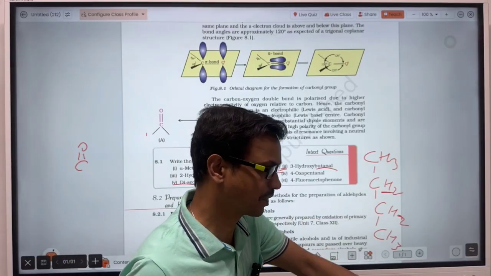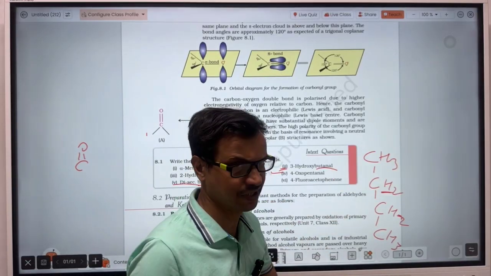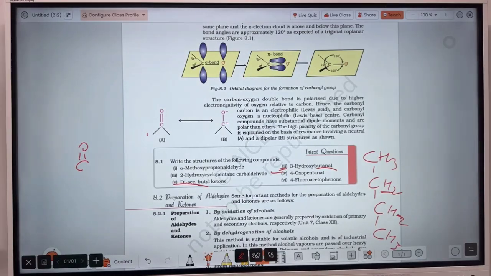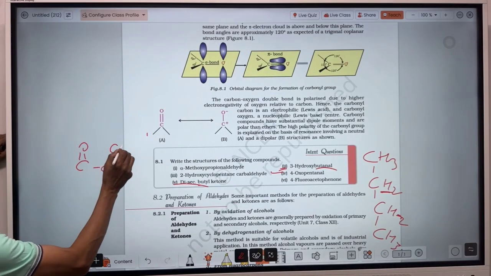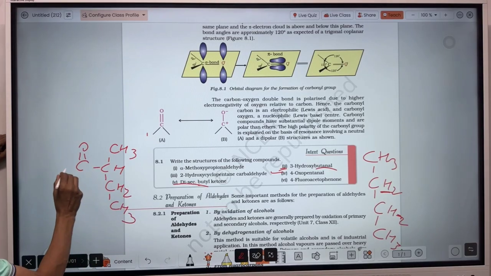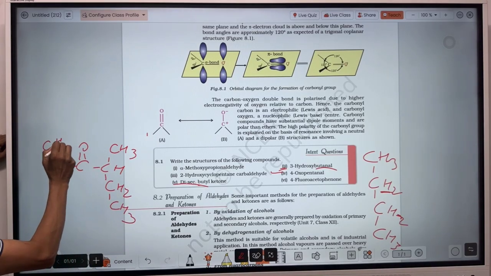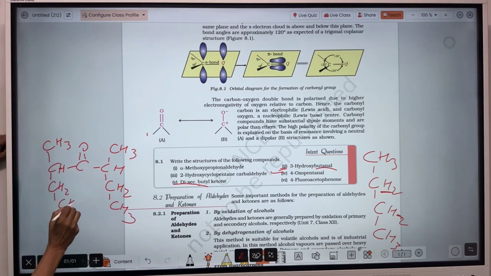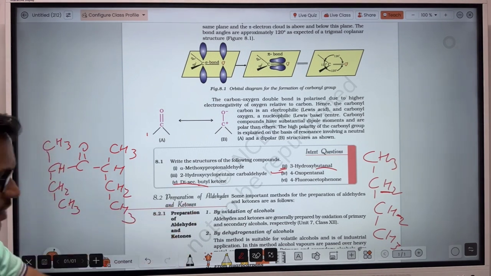That means one hydrogen is removed from there and the secondary carbon gets bonded to the main chain. Then that will be called secondary butyl. So draw secondary butyl on this side and on this side also. So it is di-secondary butyl ketone.